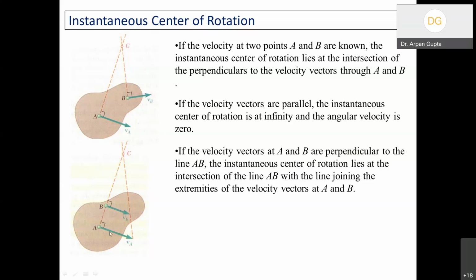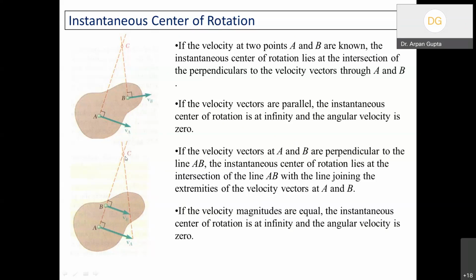So if I have two velocities like this, then we can get the instantaneous center by using the appropriate ratio and proportion to get the location of point C.